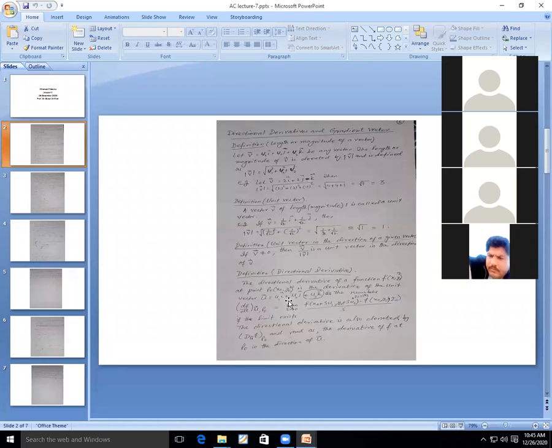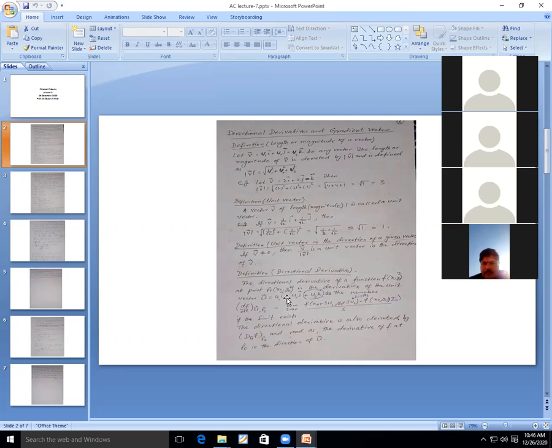U is a unit vector whose components are u1 i vector plus u2 j vector plus u3 k vector. This is a unit vector, and the directional derivative of the given function in the direction of this unit vector is denoted by df over dt in the direction of unit vector u.